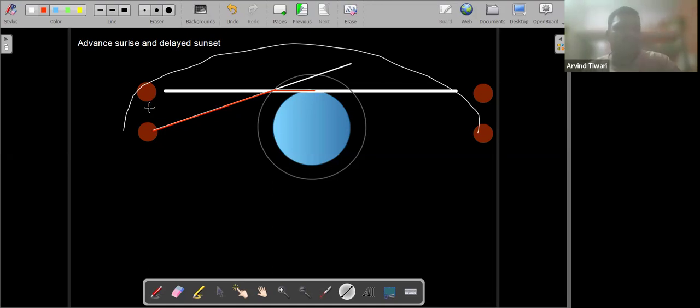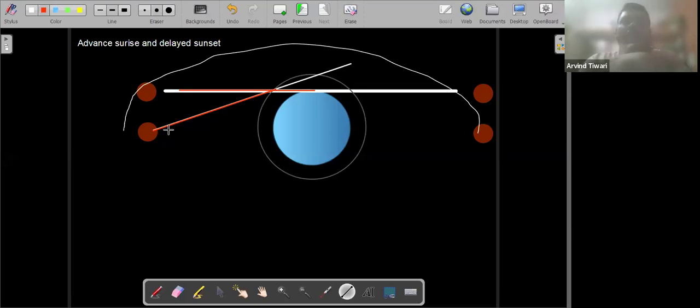That means it's not sunrise. Sunrise has still not taken place, but we will be able to observe the sun. We will see the sun in the same straight line as light travels in a straight line. So it will appear to us that the sun is here at the horizon, whereas actually the sun is still below the horizon. Okay, so can I say that I have seen an early morning?